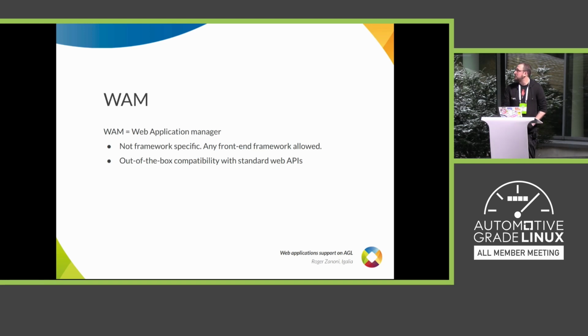Because it's based on Chromium, we have out-of-the-box compatibility with the standard web APIs. And the web standards move fast, so we need to constantly upgrade Chromium, and on each update we get support for new APIs, and they are available for developers on the AGL platform through WAM.